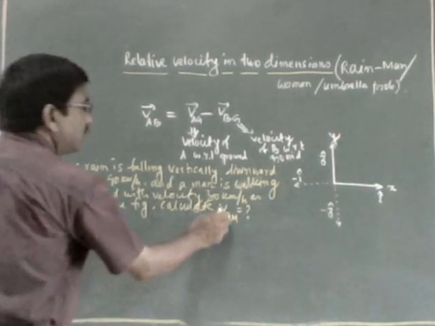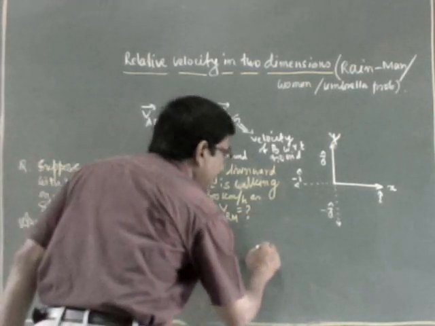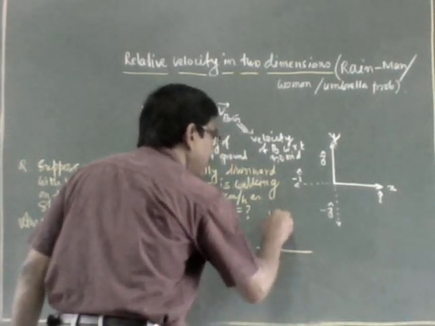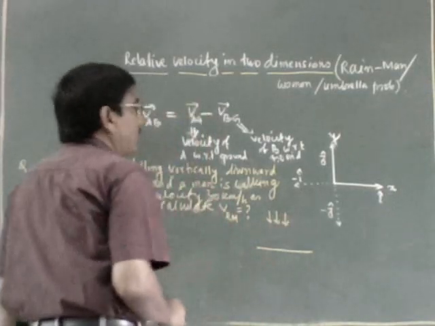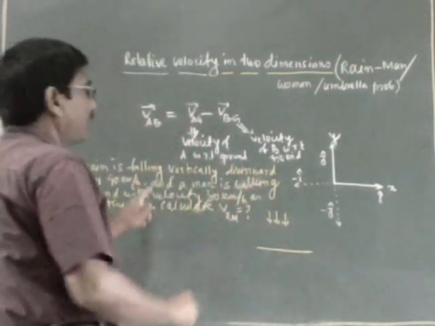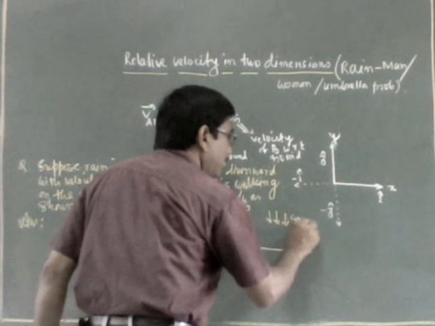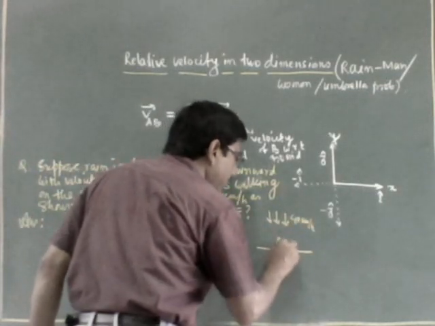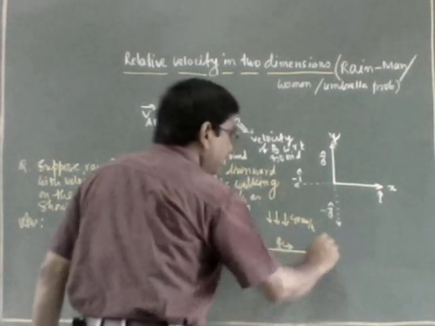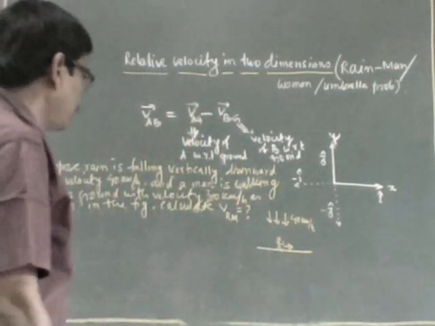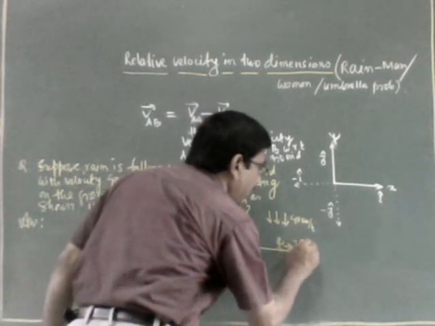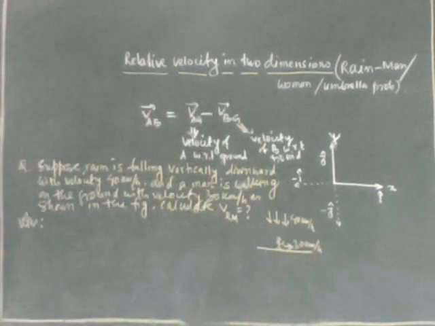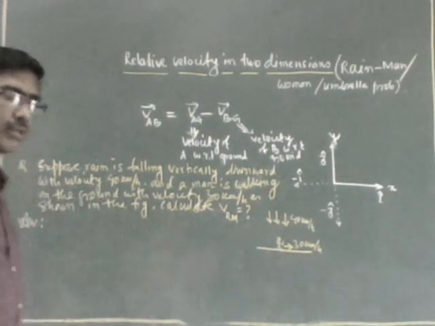You see, you have to find here the rain is falling vertically downward with velocity 40 km per hour, and a man is walking along the positive x direction with a velocity of 30 km per hour. So you have to find out VRM.